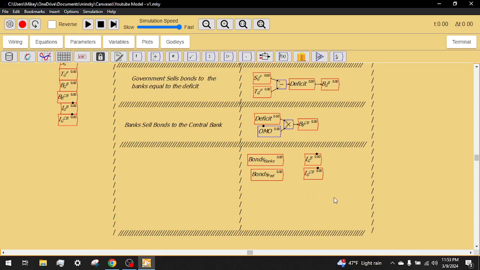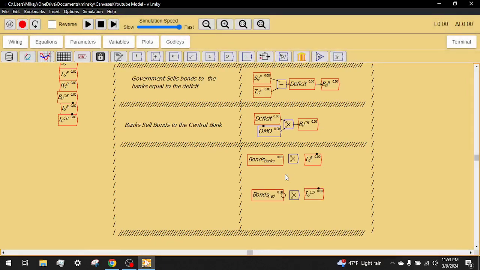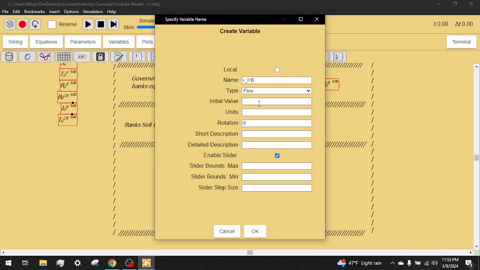That is going to be related to the sum of all of the bonds held by the banks and the sum of all the bonds held by the Fed, multiplied by the rate of interest on government bonds. Right now, the rate of interest on bonds is going to be 5.25%, which is the effective Fed funds rate.